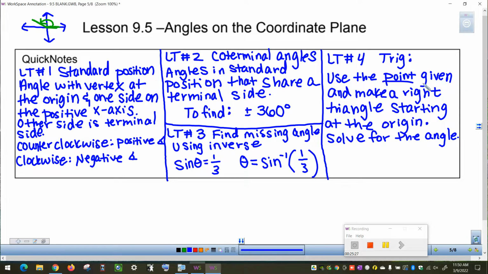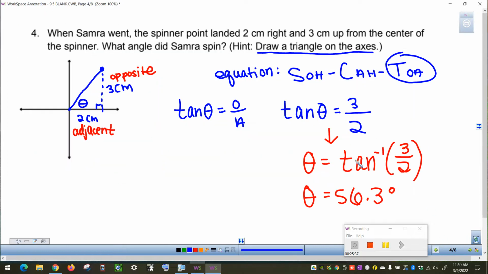So what's a little different about the explanation here, so it's kind of like what we did in the last problem where we knew that it was 2 centimeters over and 3 centimeters up. What they might tell us in a future problem is that the terminal side of our angle passes through the point 2, 3.